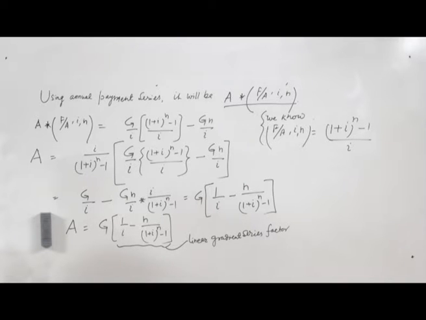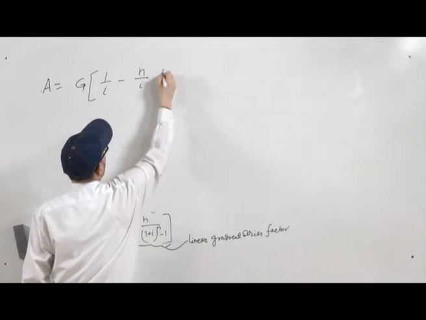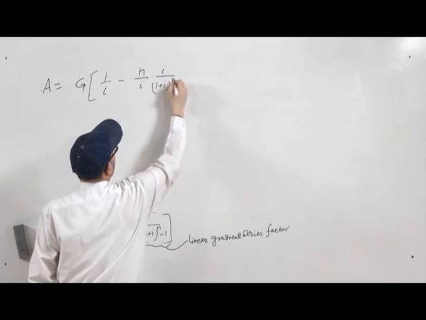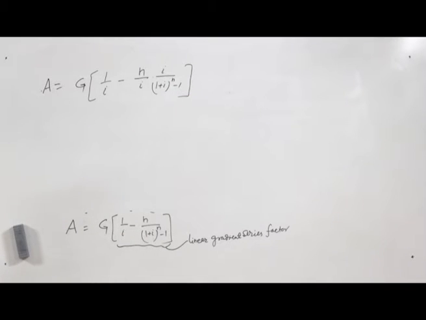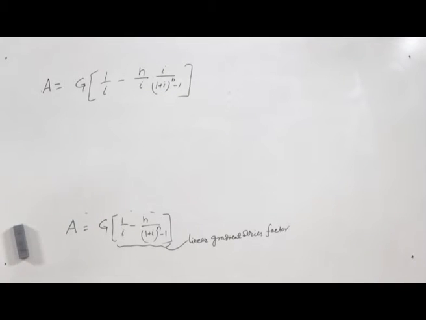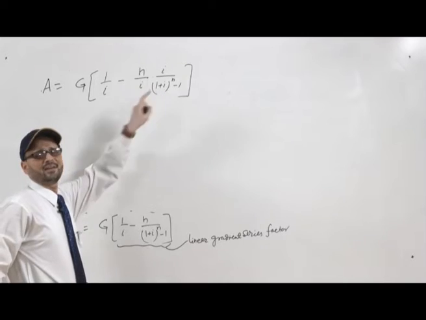The expression can further be written in other form. You can also write this expression what you have received, g 1 by I minus n by I into I by 1 plus I to the power n minus 1. And if we recall, this is basically a factor. This factor is nothing but A by F I n.